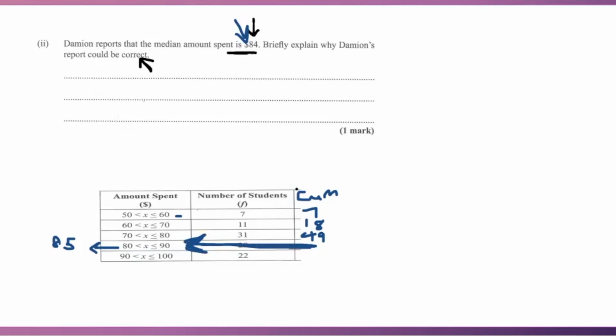So this could be correct because the median, the 50th value, falls in the class of 80 to 90, where x is greater than 80 but lesser than or equal to 90. And the midpoint of this group is 85. So if the midpoint is 85, that's close enough to what Davion reports. So it can be possible. All right, so you'd have written something to that extent.